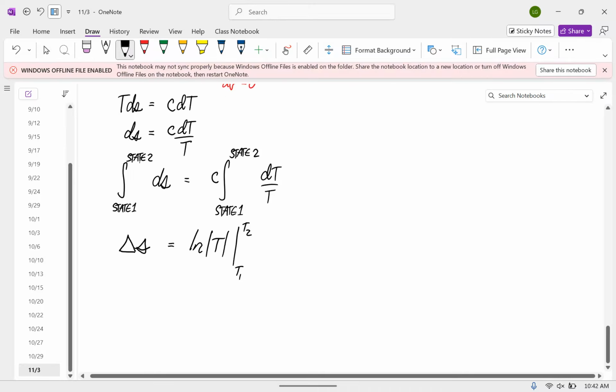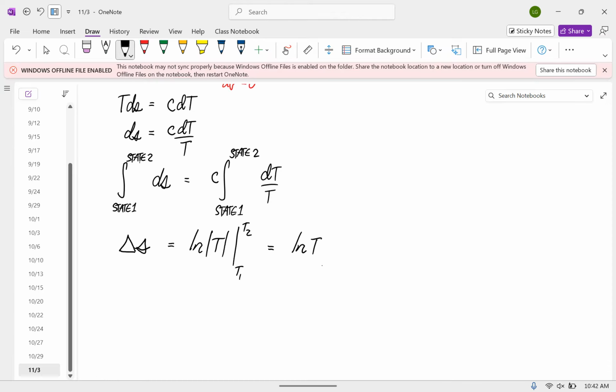Now, what about that absolute value? Well, T is always positive, so we can just write this as natural log of T from T1 to T2, because T is always positive when you're talking about absolute temperatures.